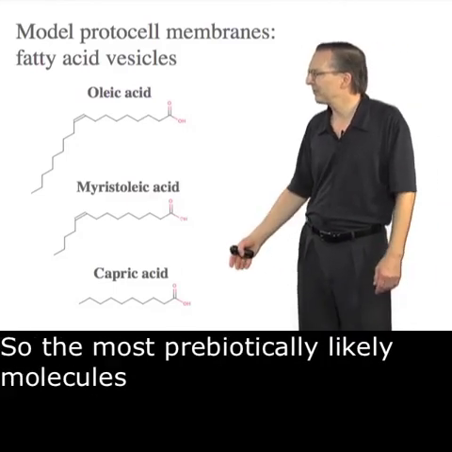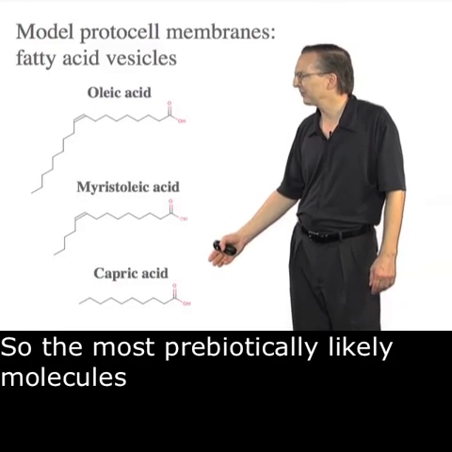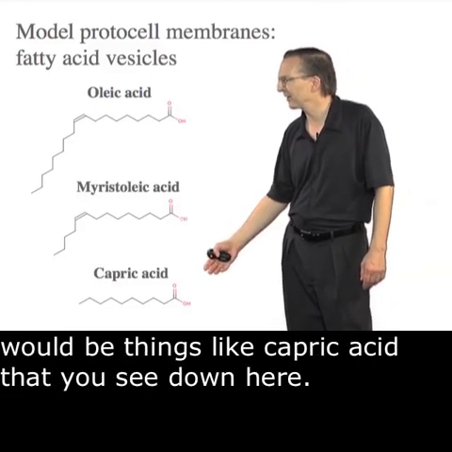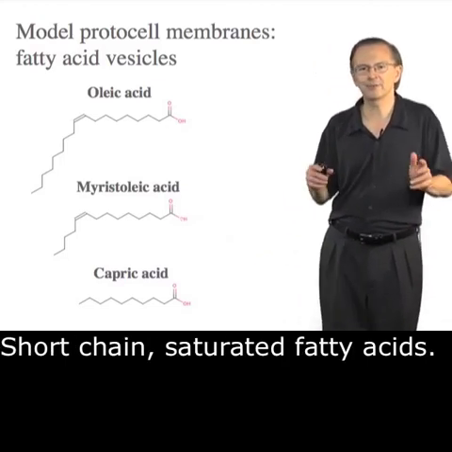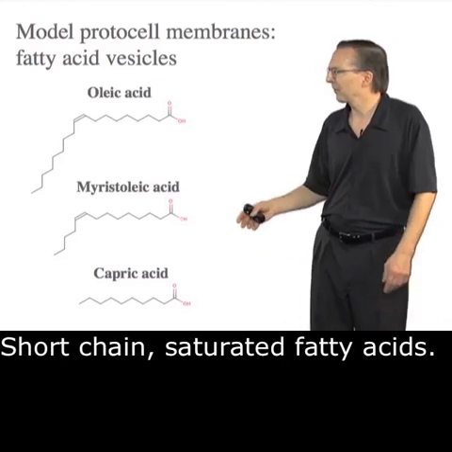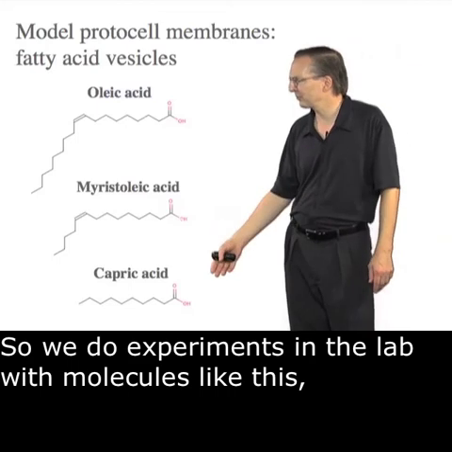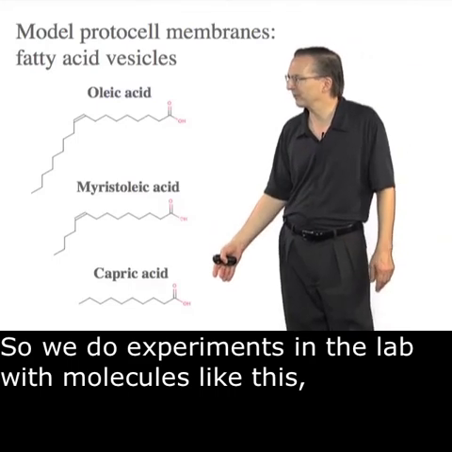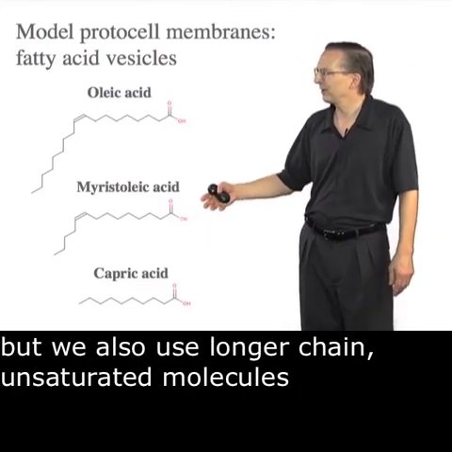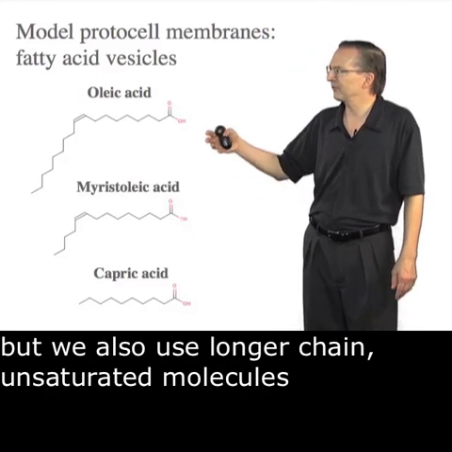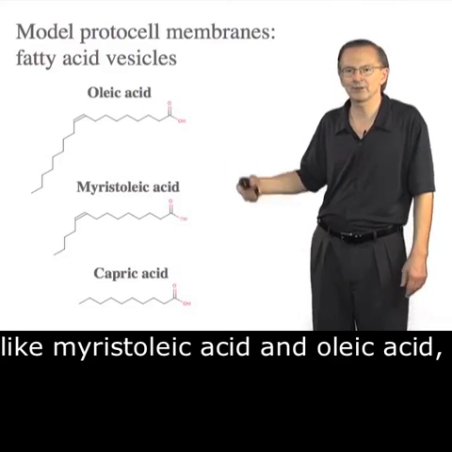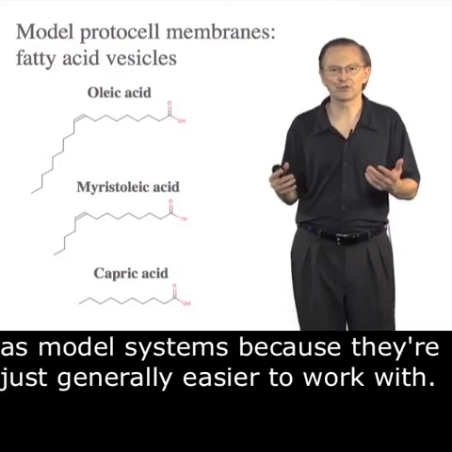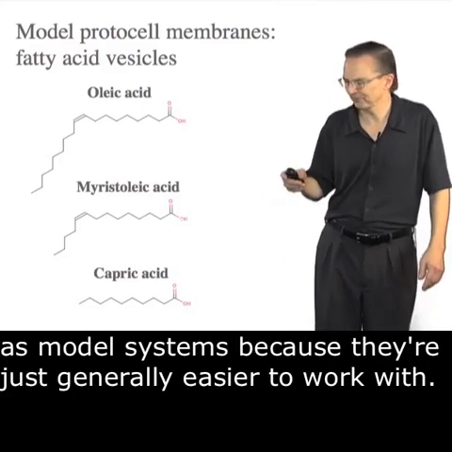So the most prebiotically likely molecules would be things like capric acid that you see down here, short chain saturated fatty acids. So we do experiments in the lab with molecules like this, but we also use longer chain unsaturated molecules like myristoleic acid and oleic acid as model systems because they're just generally easier to work with.